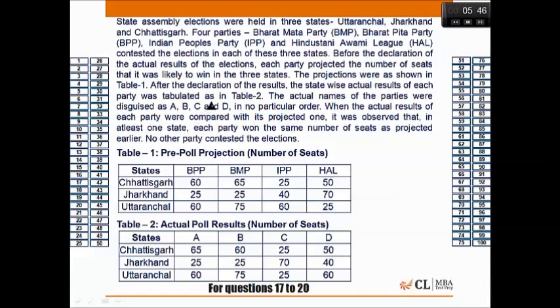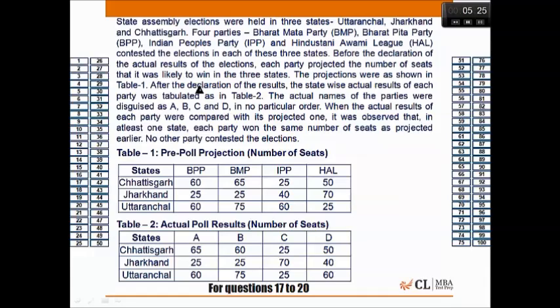State assembly elections were held in 3 states, Uttaranchal, Jharkhand and Chhattisgarh. 4 parties are there. Before the declaration, each party projected the number of seats it was likely to win in these 3 states, shown in table 1. After the results, the actual results were tabulated in table 2.